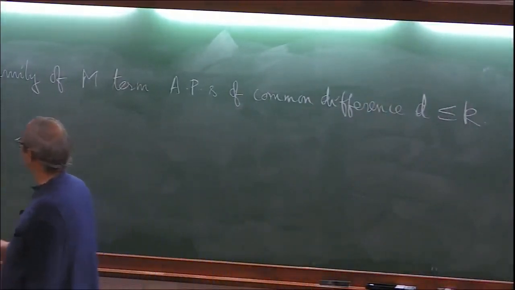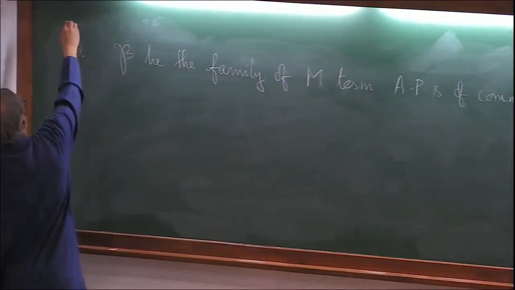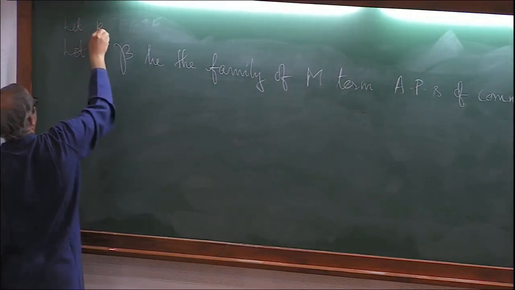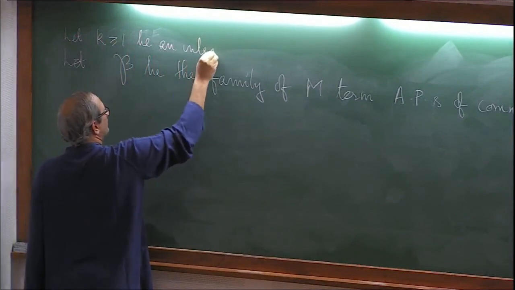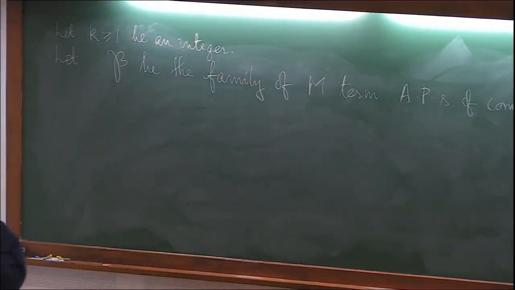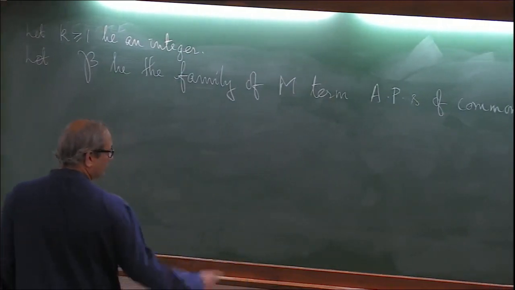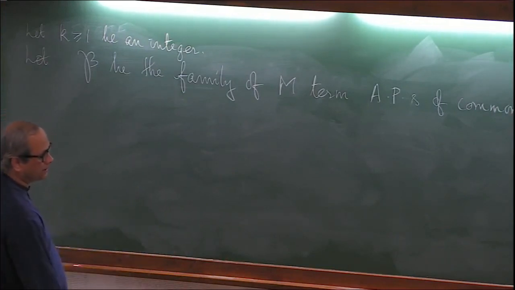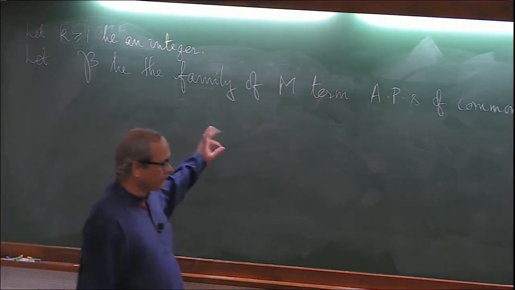Okay, so you must precede this by saying where k will be chosen later, or let k be an integer, k greater than or equal to 1, and then you let this be the family of APs having m terms with common difference d less than or equal to k. So this is the family that we take, and if you apply now this overcounting principle, what should be the family F?